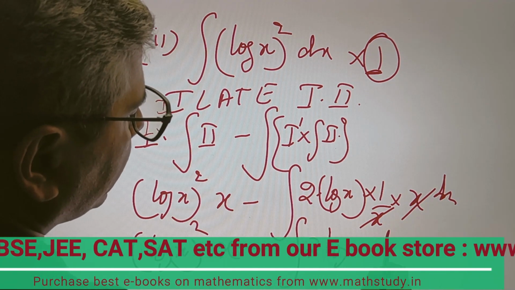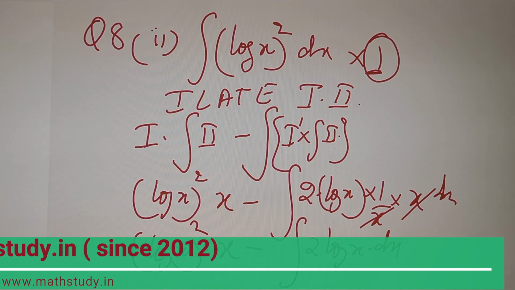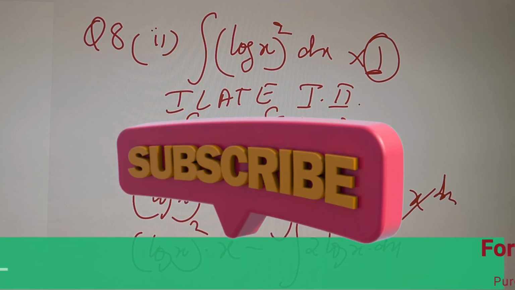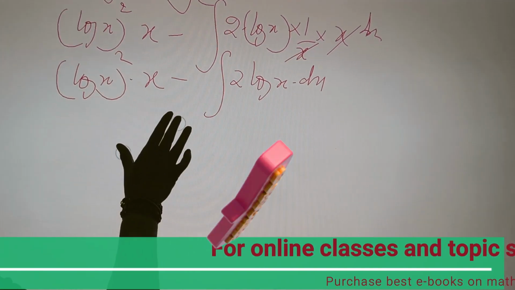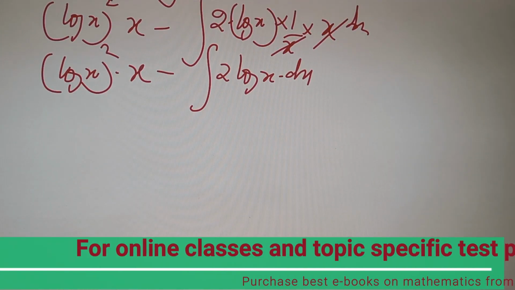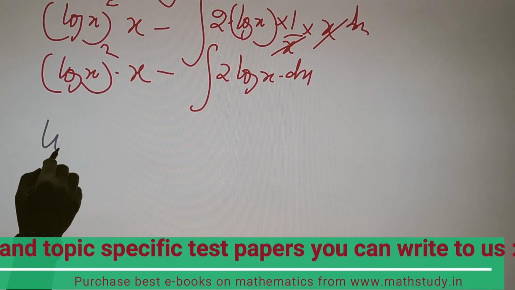So again we are getting the log x function, so we have to continue with the help of the ILATE method. So we are going to further use the ILATE method here.